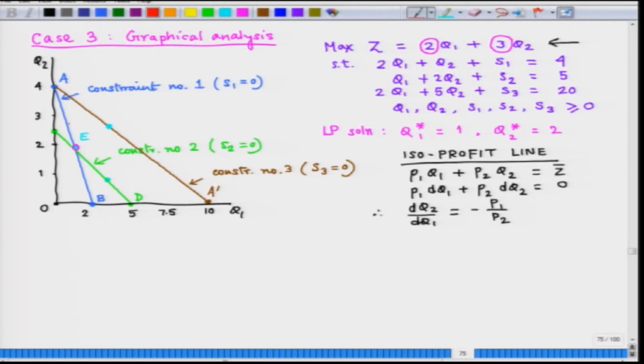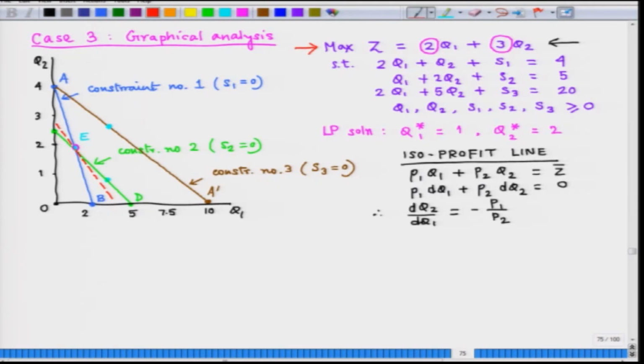So, let me assume that we have an iso profit line that represents the original profit expression. So, this one I am talking about.